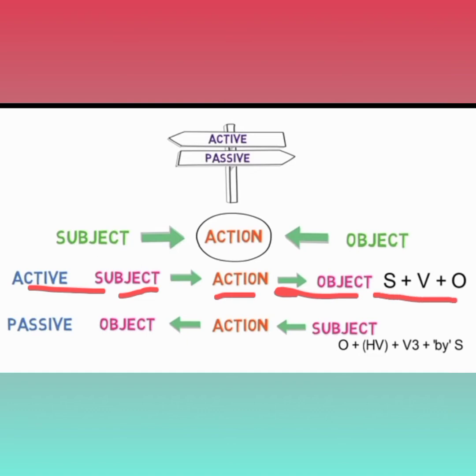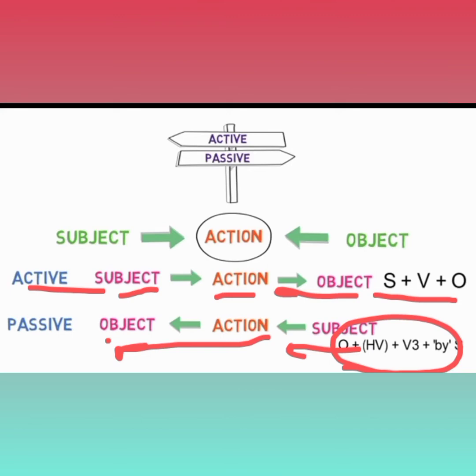The second one is the passive way, that means an action is performed on the object by the subject. So the sentence structure is object plus helping verb plus third form of the verb plus by plus subject. Clear?